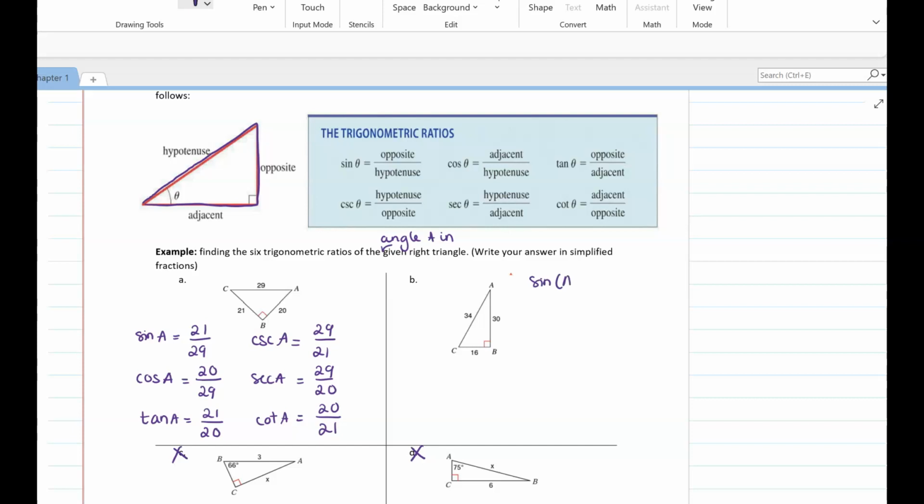Sine of A in this case equals the opposite divided by the hypotenuse. We simplify this by 4. Cosine of A equals the adjacent divided by the hypotenuse.